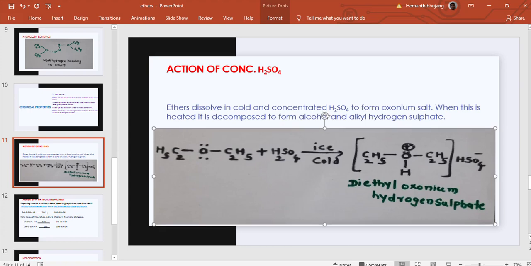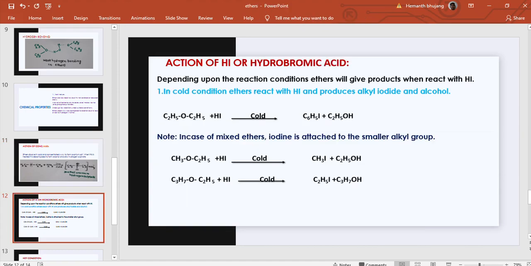And then we have the other reactions: the action of hydrogen iodide or hydrogen bromide, that is hydrobromic acid, or HX. This reaction is very important. Depending upon the reaction conditions, ethers give different products when they react with hydrogen iodide.